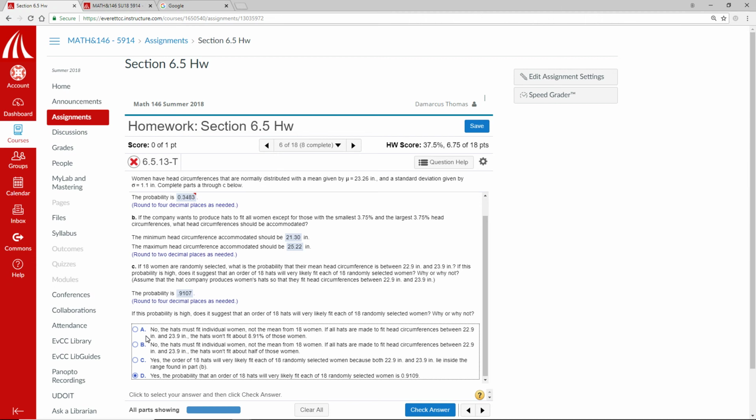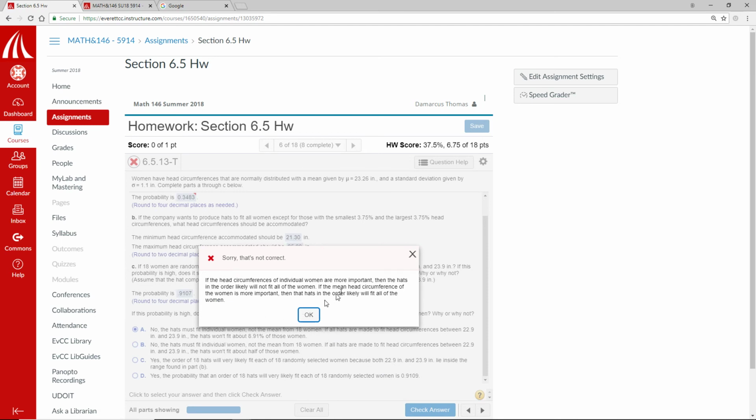But also A is a good option too. The hats won't fit about 8.91% of these women. Now the hats must fit individual women, not the mean from 18 women. If all hats are made to fit head circumferences 22.9 and 23.9, the hats won't fit about 8.91% of those women. So I like A actually as a best choice.